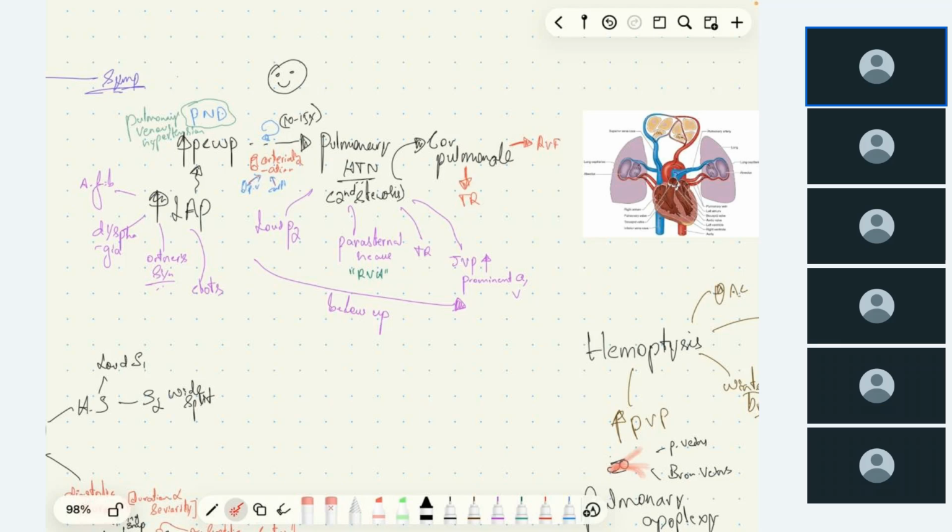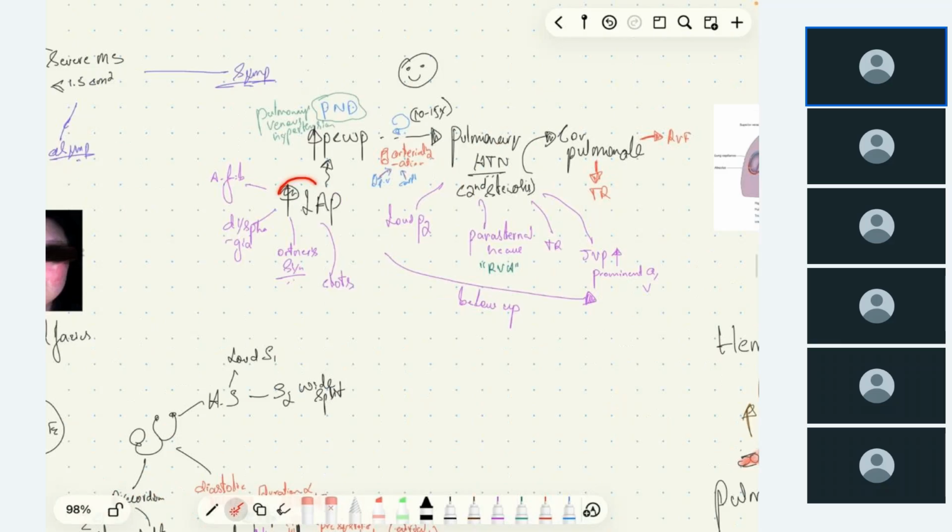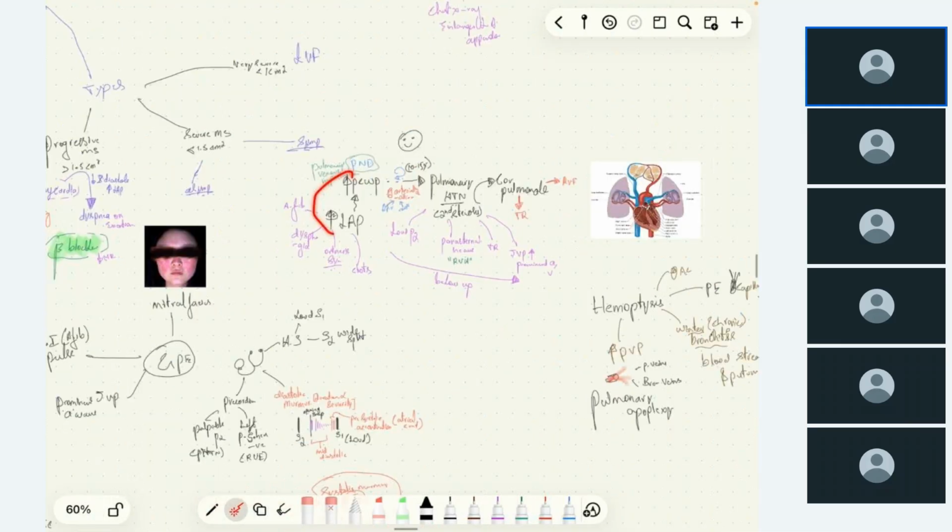We saw, guys, there is an increase in left atrial pressure, leading to an increase in pulmonary capillary wedge pressure. Within the span of 10 to 15 years, this will lead to pulmonary hypertension, which eventually leads to cor pulmonale, right ventricular failure, and tricuspid regurgitation. This is the pathophysiology of what goes on in severe MS.